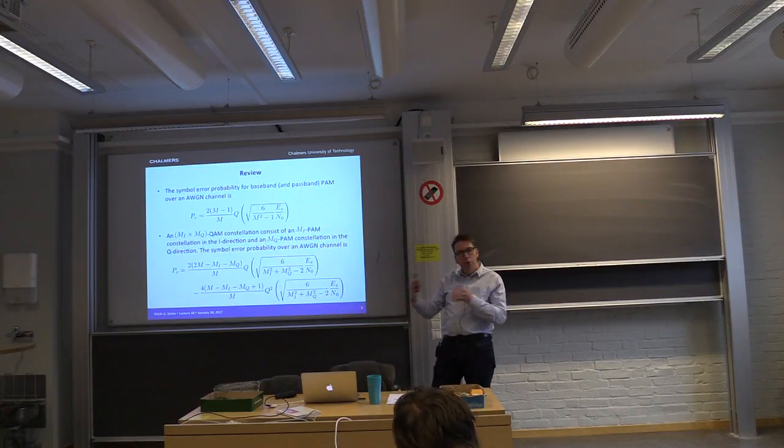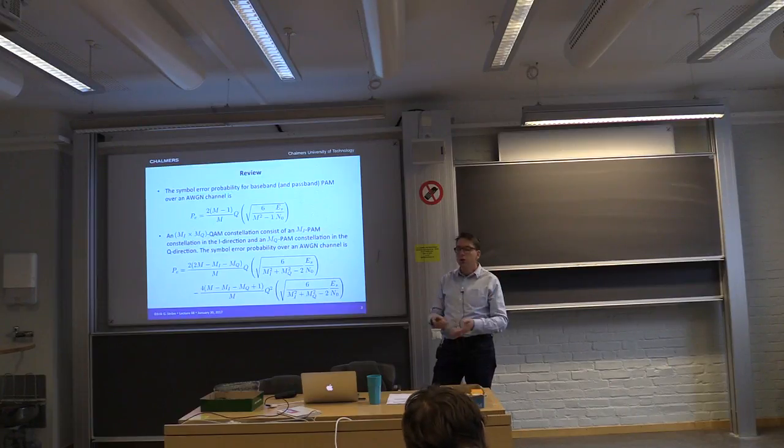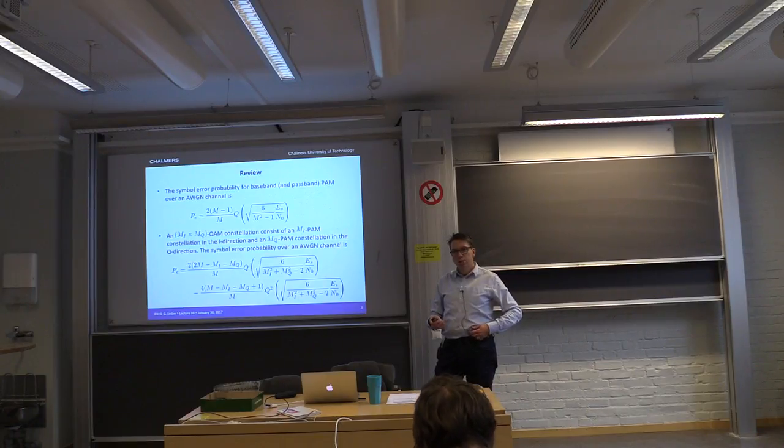So when we're trying to push more bits through the channel per symbol, this will result in a higher error probability, or maybe it's the other way around. To get a certain error probability, we have to invest more in Es, energy per symbol, and that translates to a larger transmit power. Okay.